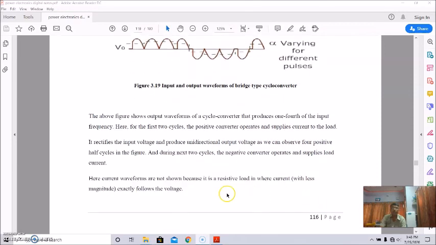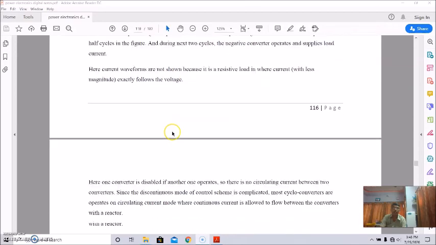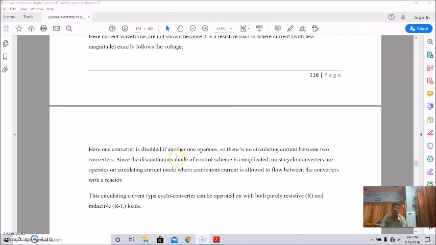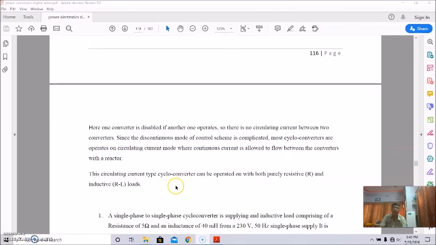So the current waveforms are the next one. As I told you earlier also, one converter is disabled if the other one operates, so there is no circulating current between the two converters. Since the discontinuous mode of control scheme is complicated, most cycloconverters are used in the circulating mode, where continuous current is allowed to flow between the converters with a reactor.